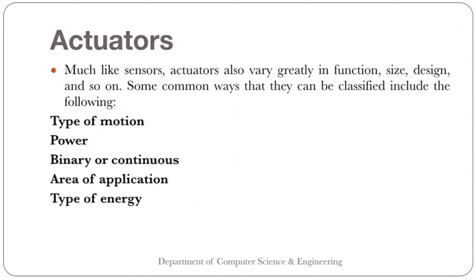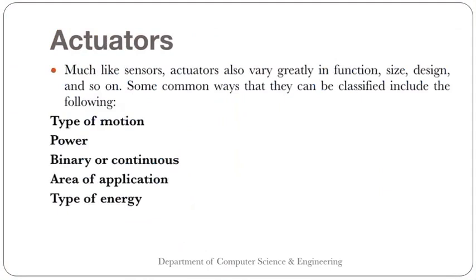Then power: actuators can be classified based on their power output, like high power, low power, or micro power. Then binary or continuous: actuators can be classified based on the number of stable state outputs. Binary means 0 or 1, while continuous has a continuous range of stable state outputs.